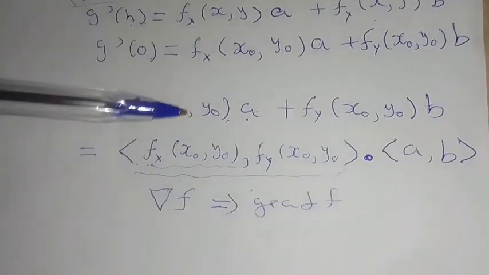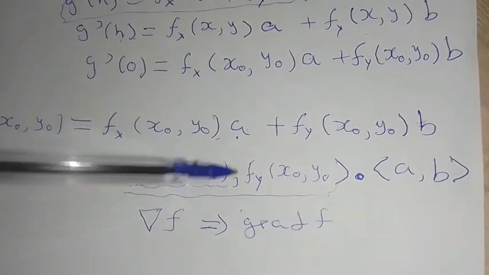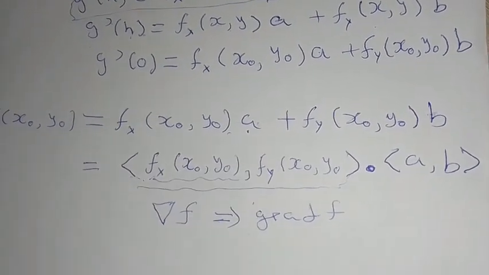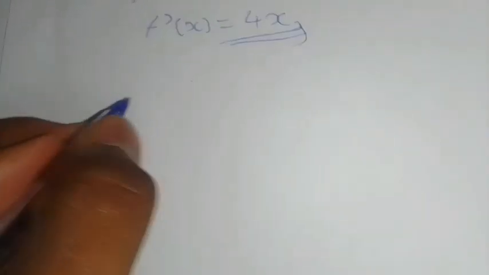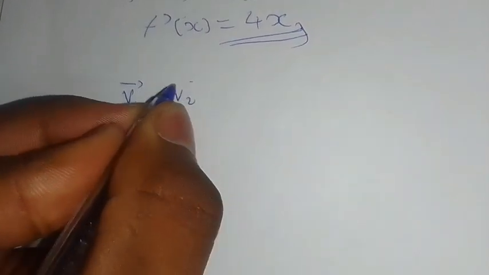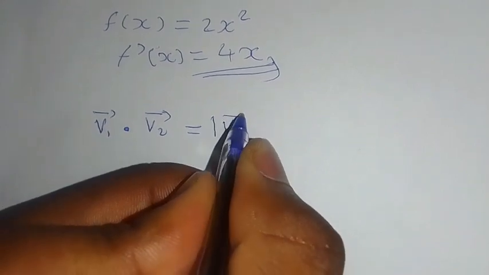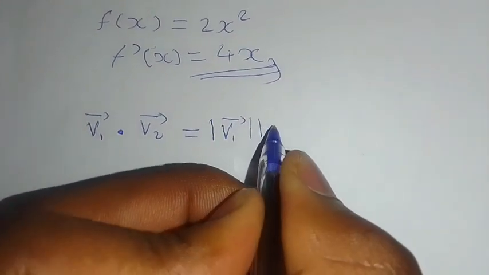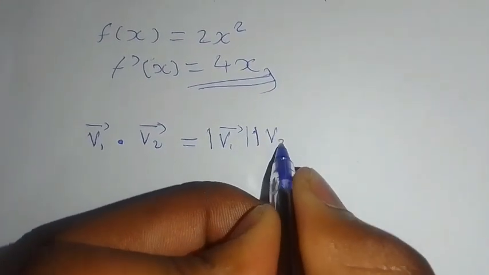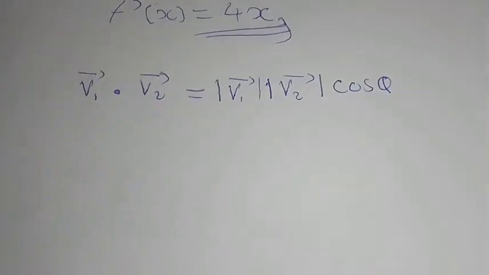Let's keep escalating this. See here, if you're dotting two vectors like this, I know most of you might have forgotten this stuff. Let's go back a bit. If you have vector v1 dot v2, or just the scalar product of that, this is equal to the magnitude of v1 multiplied by the magnitude of v2, multiplied by the cosine of the angle between them.